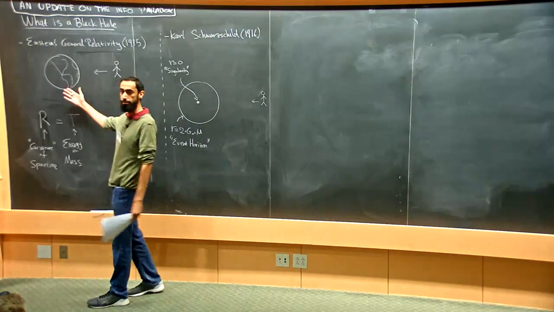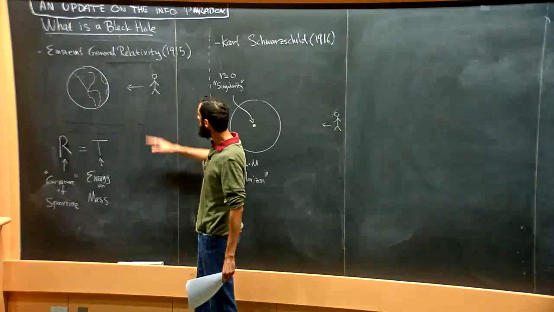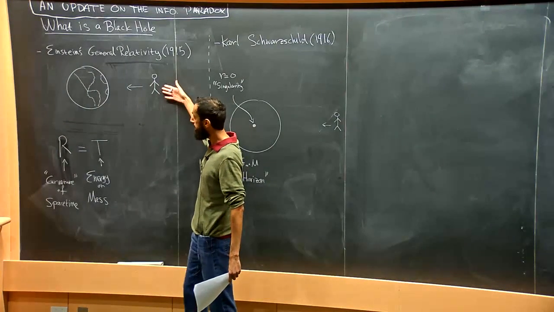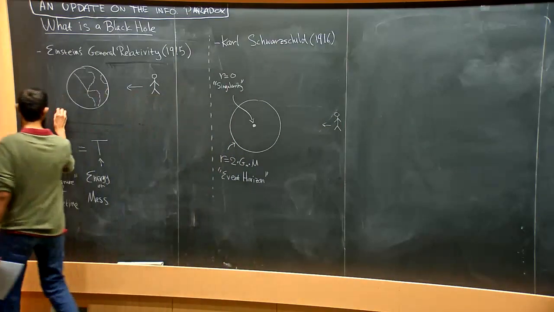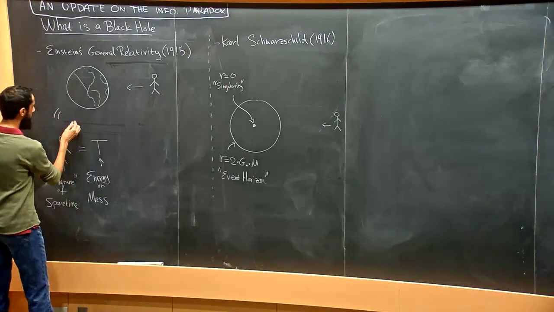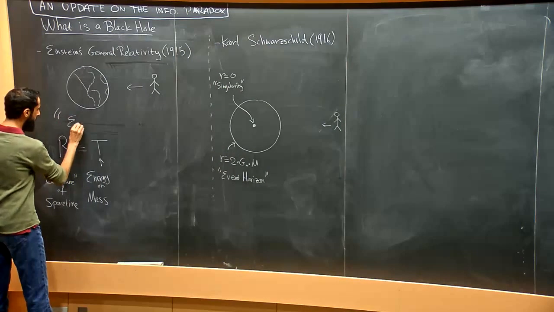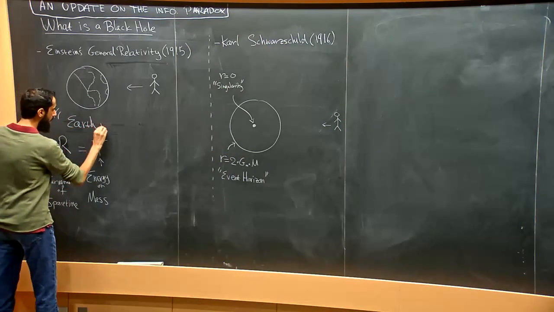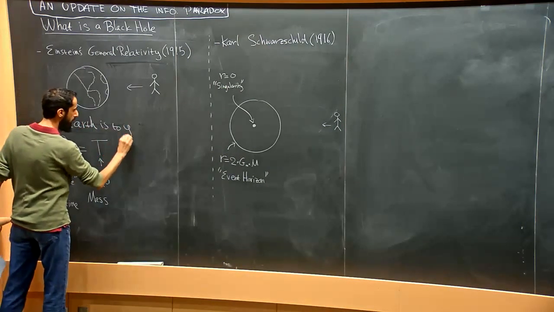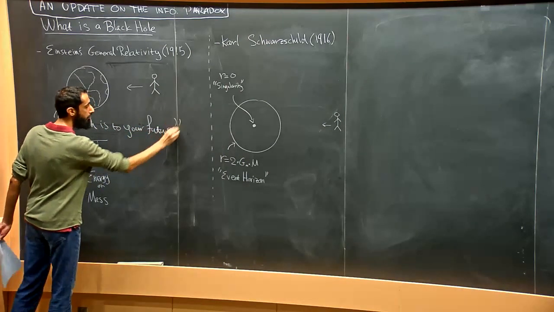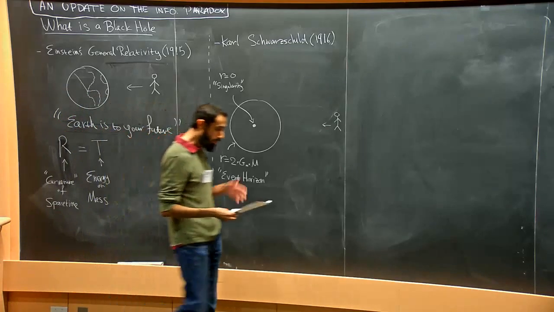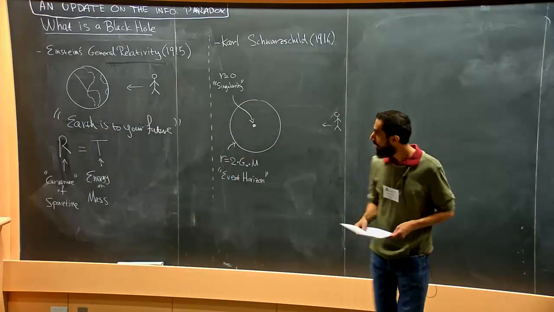For example, if you have the Earth, the space-time is bent such that this person here is forced to fall towards the Earth. Said differently, the space-time structure is that the Earth is to your future. This is the refined understanding of what the force of gravity is.